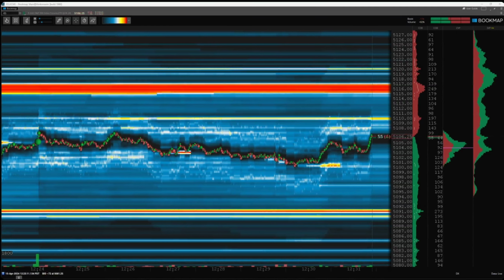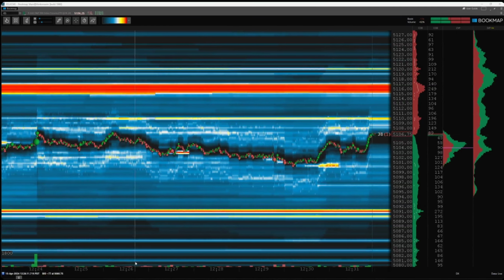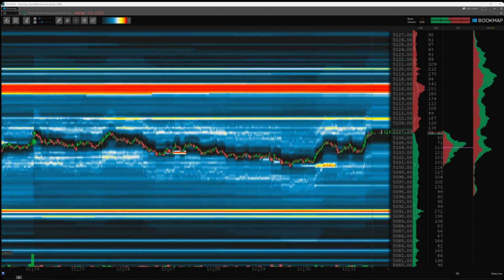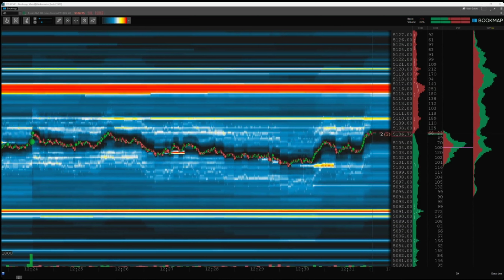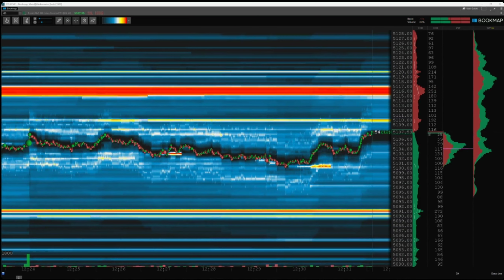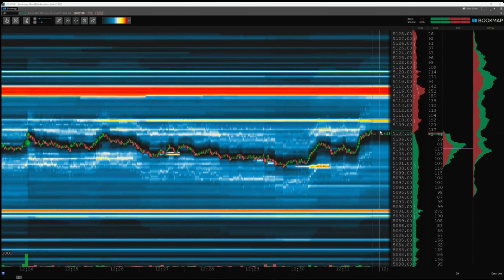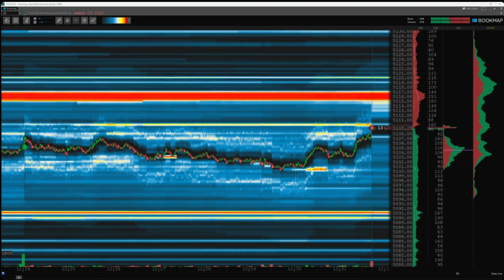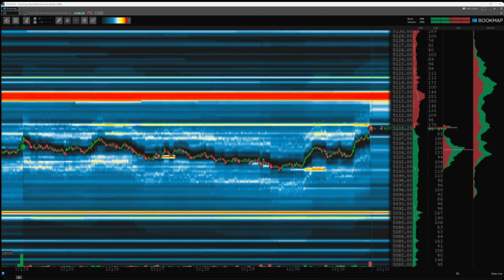A better way to approach that is to play zero contracts, where you're watching it. For example, right now it looks like it's going up.